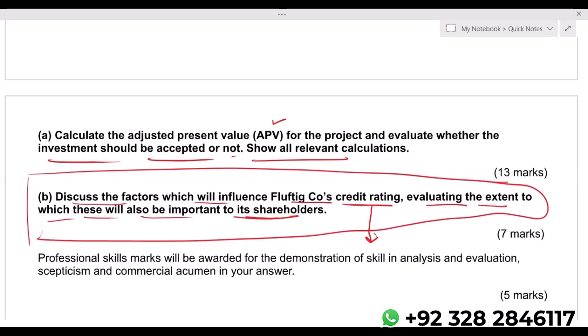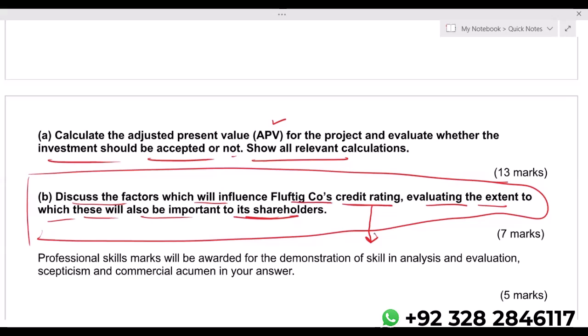Their qualification, experience, how many projects they have successfully completed in the past, how many projects they are presently running. So basically, the overall experience, qualification, and past record of your management.